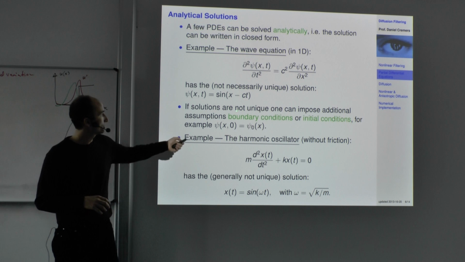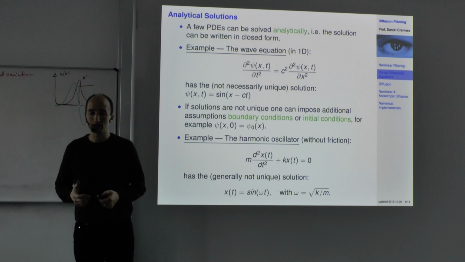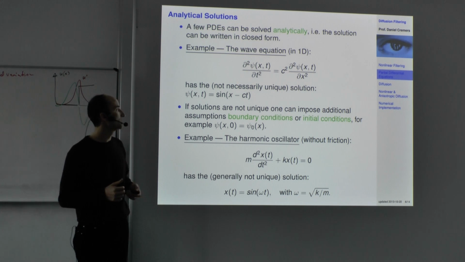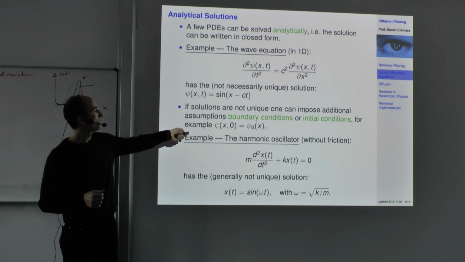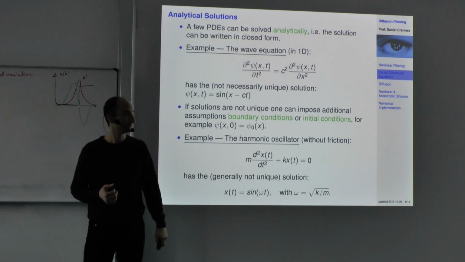And this is what I said here. So you can get unique solutions in general by imposing boundary or initial conditions to these problems. For example, fixing what the shape of that wave front is at time 0.